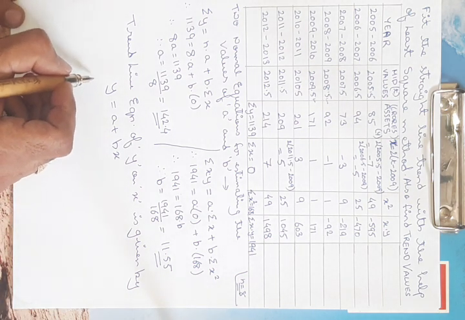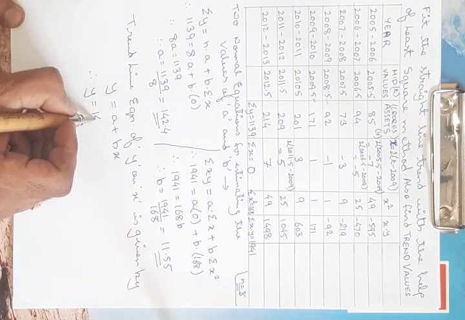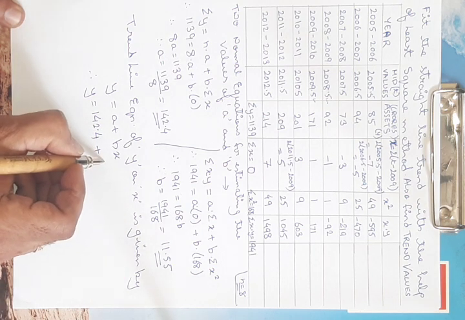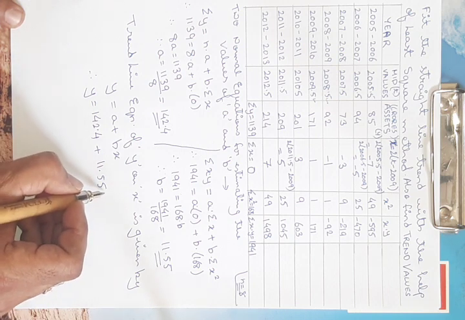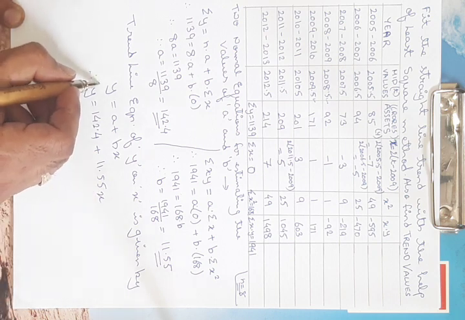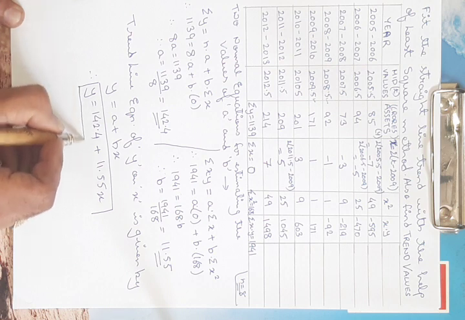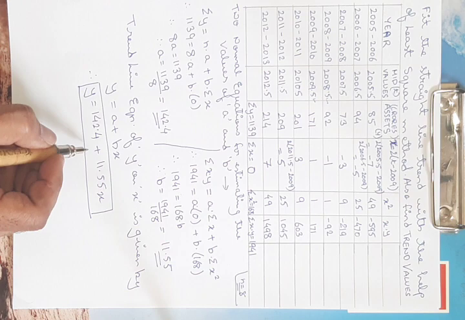So friends, we don't know the value of y, so y is equal to a. What is a? A is 142.4 plus b. What is b? 11.55 multiplied by x. So this is our trend line equation, a plus bx, y is equal to 142.4 plus 11.55x.